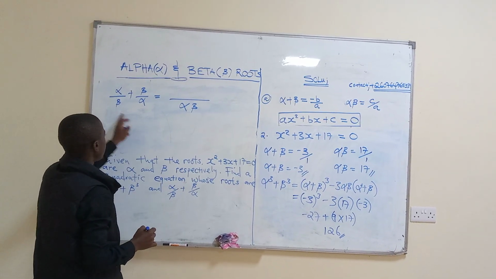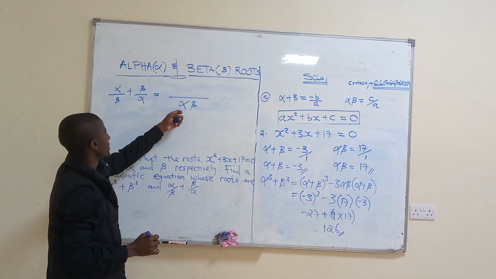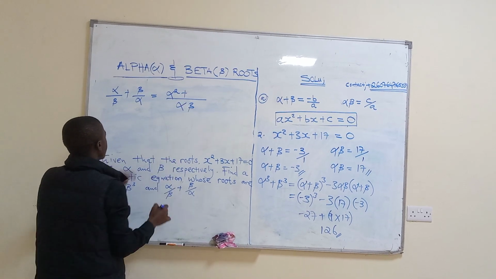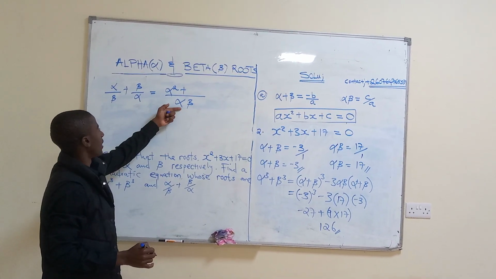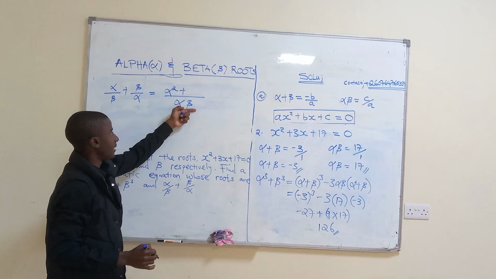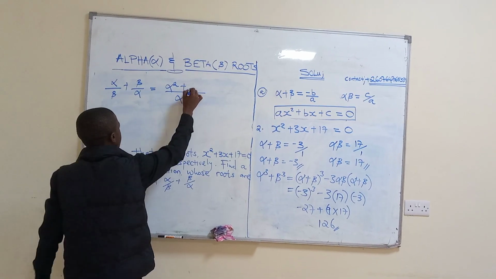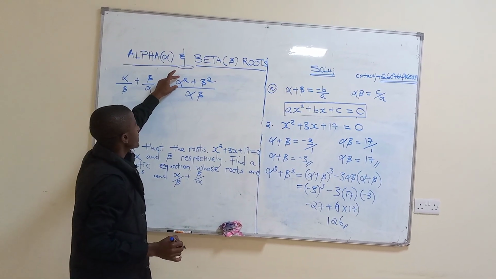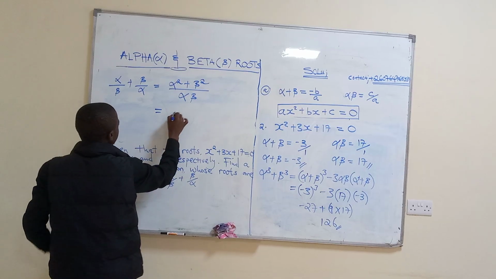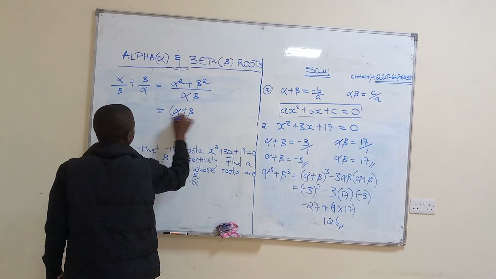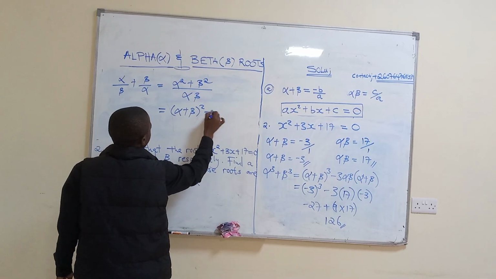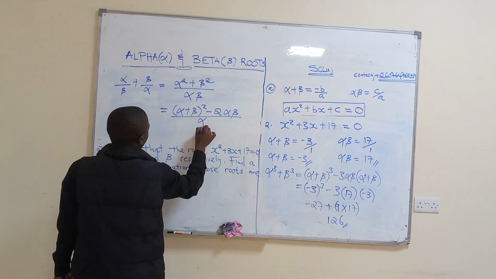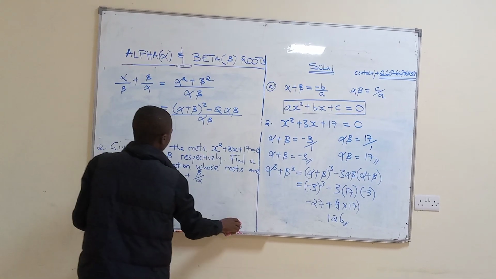So alpha times alpha is alpha squared, plus beta times beta, you are getting beta squared. So the numerator here is an identity: alpha plus beta squared minus 2 alpha beta, over alpha beta.